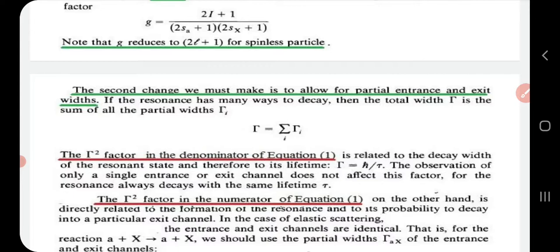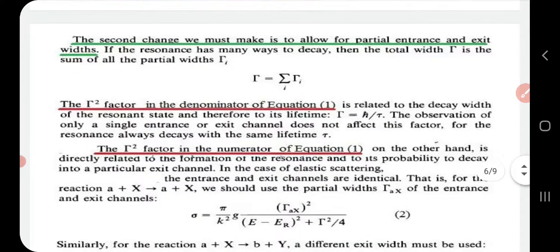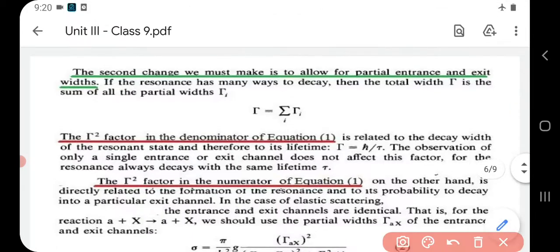The tau square factor in the denominator of equation 1 is related to the decay width of the resonant state and therefore to its lifetime T equal to h cut by tau. The observation of only a single entrance or exit channel does not affect this factor, for the resonance always decays with the same lifetime. Okay, all this sentence you can mention.